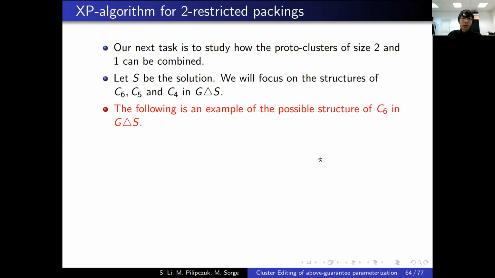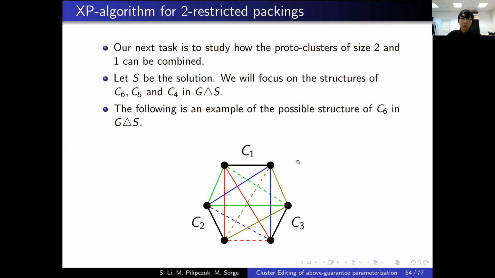The following is an example of the possible structure of the clique of size 6 in the final cluster graph. Because we only have protoclusters of size 2 and size 1, we will show that this is the only possibility that can be combined into a clique of size 6.